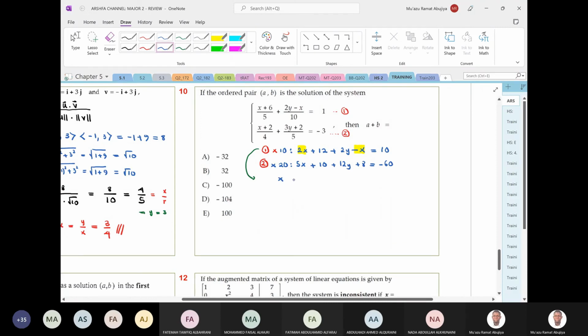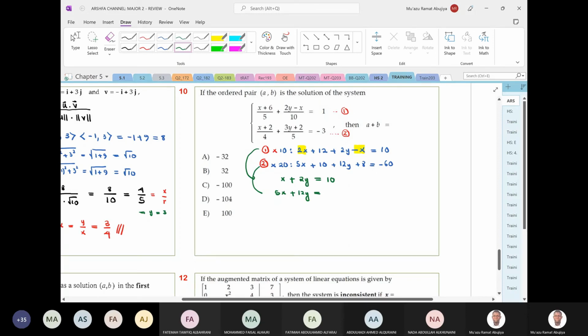And then we have plus 2y. And this will be equal to 10. Now, how about this one here? We have 5x. So let's put here 5x. And then y, we have plus 12y. And this will be equal to, we have 10 plus 8. That is going to be 18.